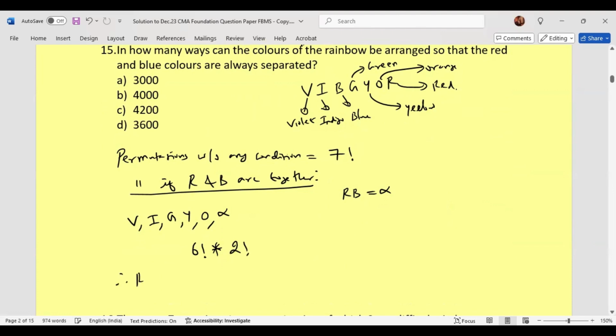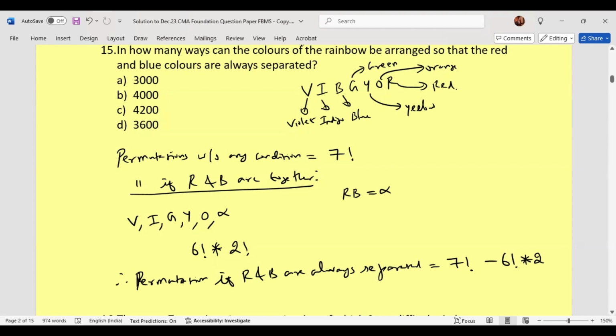Therefore, permutations if R and B are always separated should be, without any condition, 7 factorial minus 6 factorial into 2 factorial, which is nothing but 2.